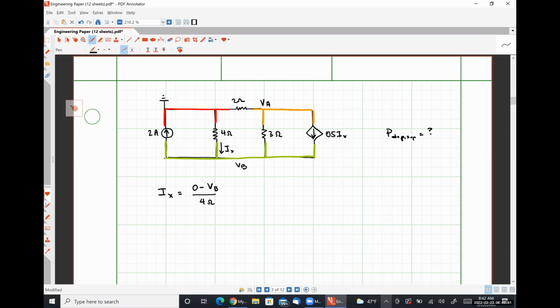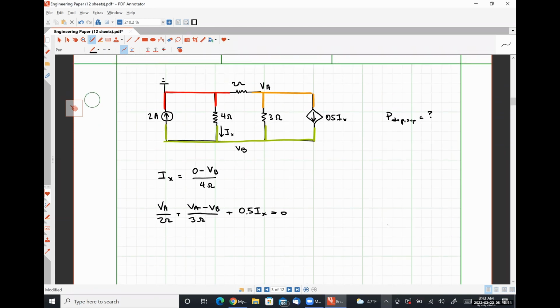From here, we would then apply Kirchhoff's current law at node A. So that would look like VA over 2 ohms plus VA over 3 ohms, excuse me, VA minus VB over 3 ohms plus 1/2 IX is equal to 0.